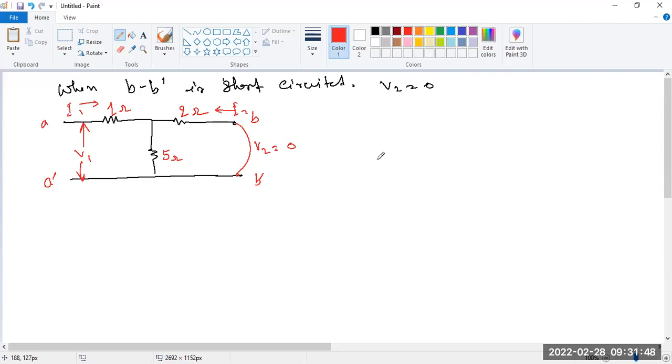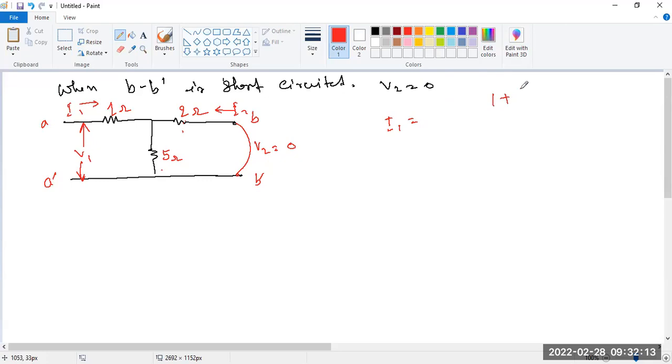In this case, you can find out I1. Look, this is 2 and 5, which means this is parallel.